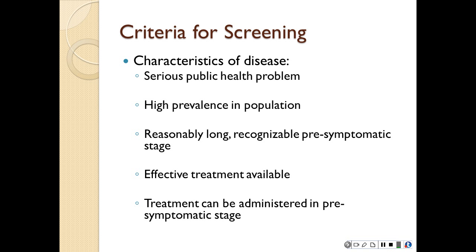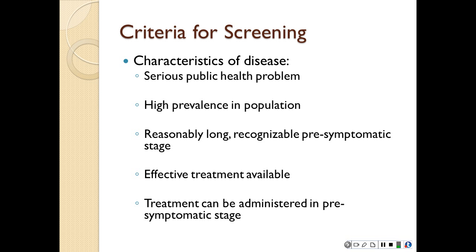There should be a reasonably long, recognizable pre-symptomatic stage. Now, first off, what does this mean? Reasonably long, recognizable pre-symptomatic stage. I mean, there's no point screening for it if you can't get it before it really starts getting someone sick. Exactly.